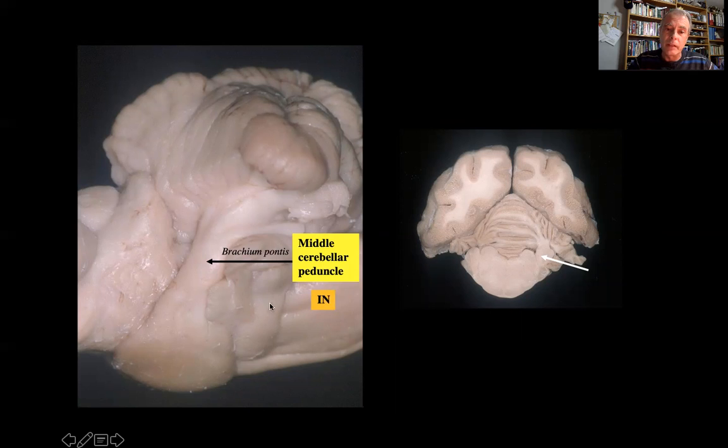There you have the trapezoid body, the pyramids, the trigeminal nerve, facial and vestibulocochlear nerves here. And in a transverse section, the middle cerebellar peduncle or brachium pontis is this one. As you see, it is located lateral to the rostral cerebellar peduncle. It is the one here pointed with the white arrow.